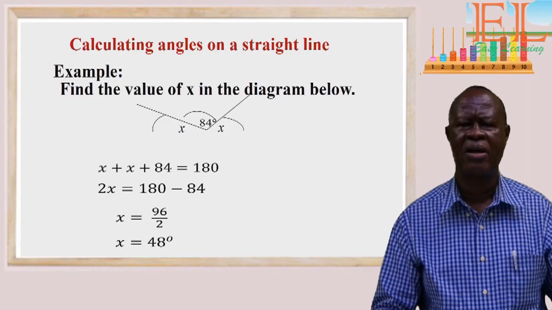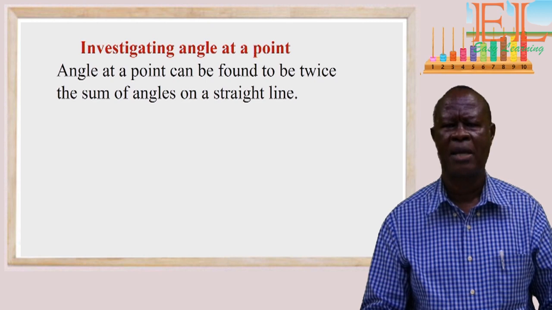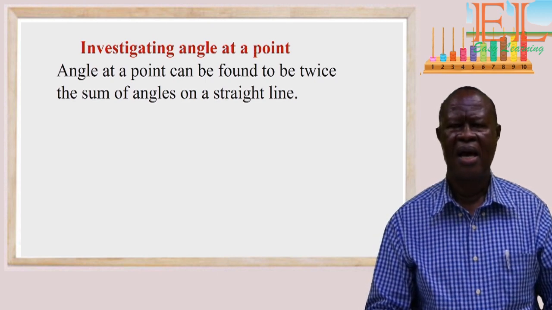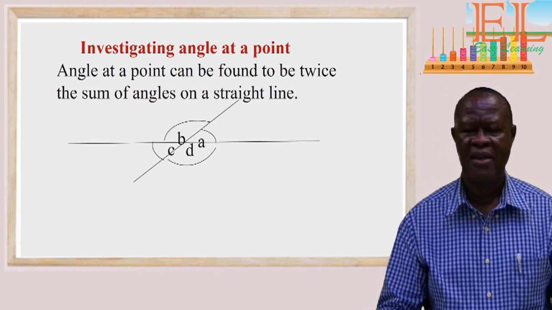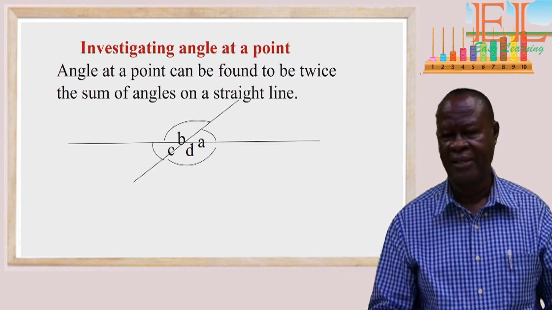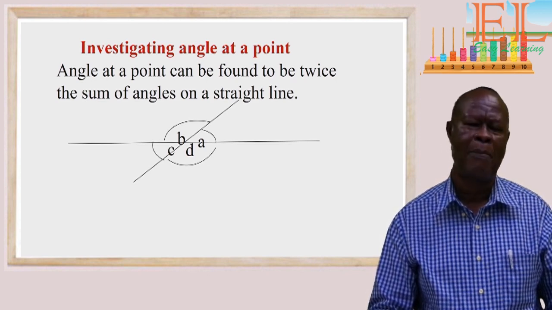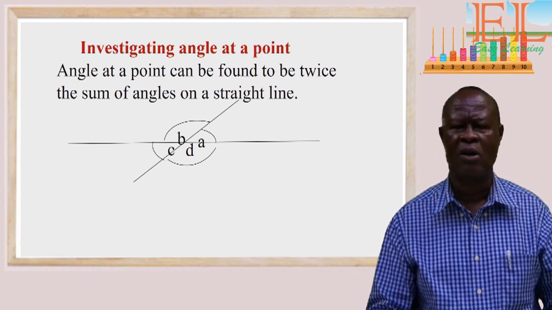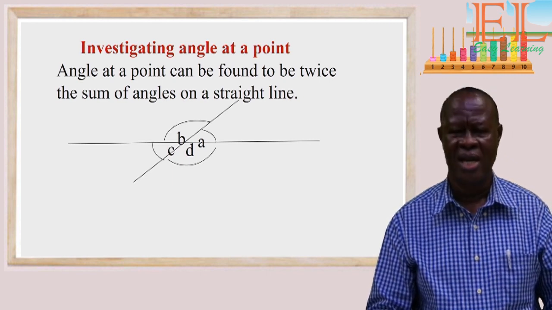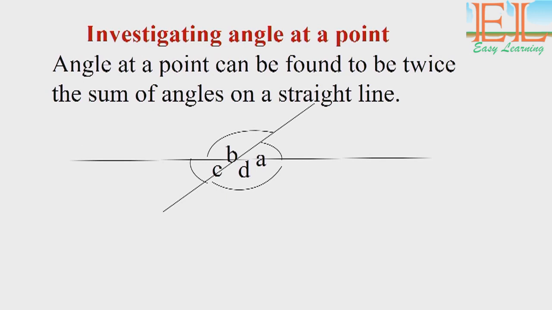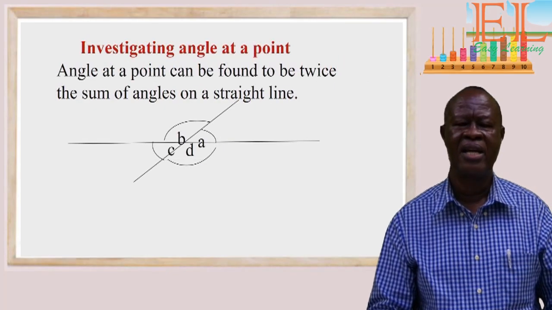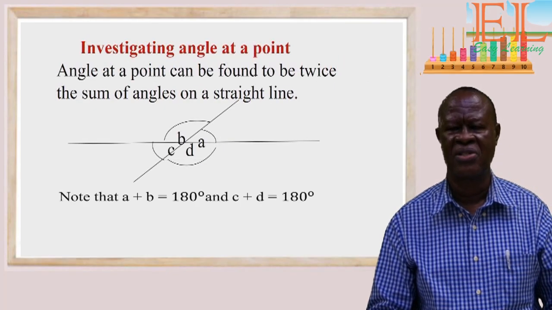Let's look at another investigation at a point. What do we notice here? Realize that when we have a straight line and we have angles at the upper part and angles at the lower part of that straight line, we already know that the angle on a straight line is 180. So 180 degrees at the upper part, and the lower part too will be 180 degrees.